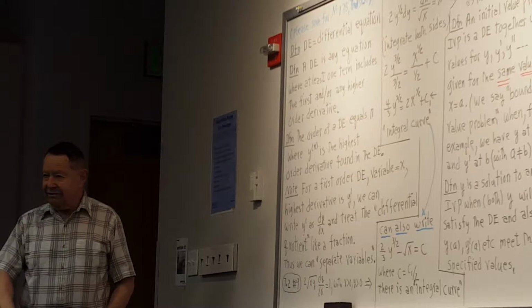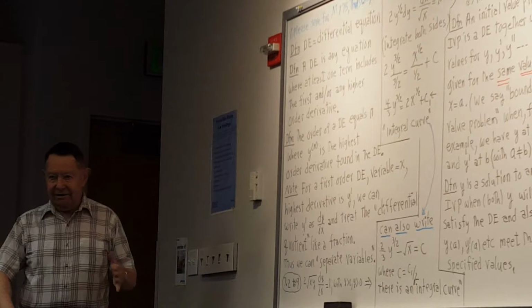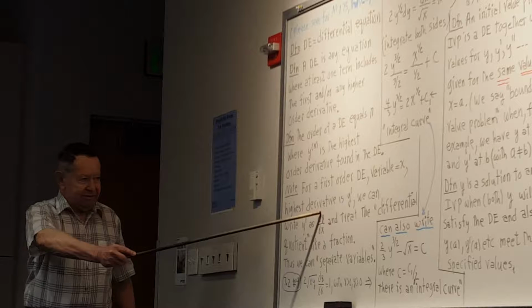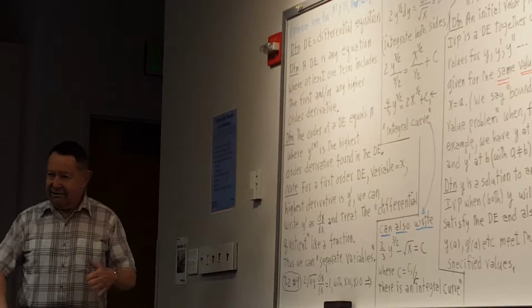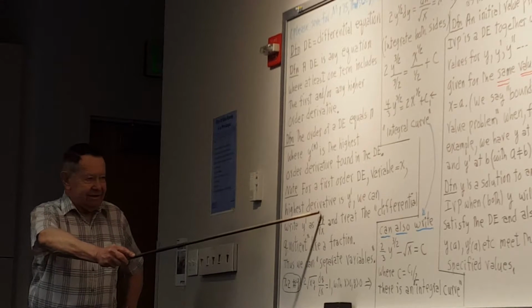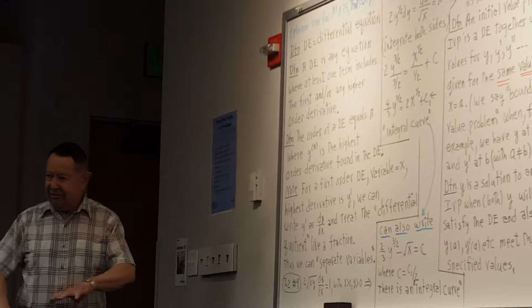Now you cannot do that if it's higher order. You can write your y double prime with the symbols, the 2 up here and the 2 down there, but you can't treat that as a quotient. In other words, d second y and dx second are not separate.